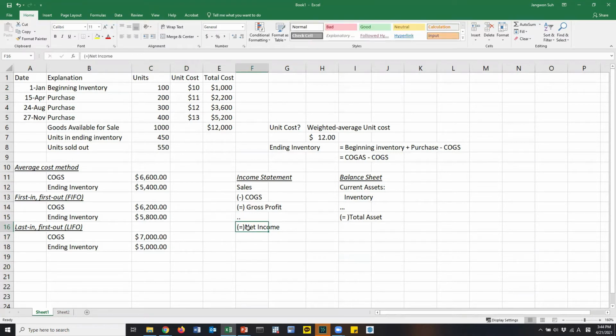Okay, I'd like to say one more thing about this comparison among different methods. The LIFO conformity rule states that your tax reporting should be consistent with financial reporting when it comes to inventory costing method choice.